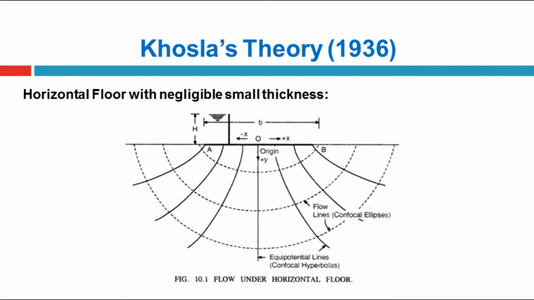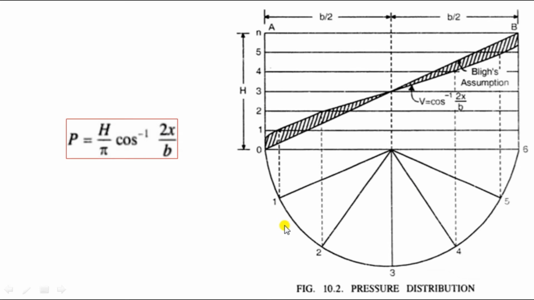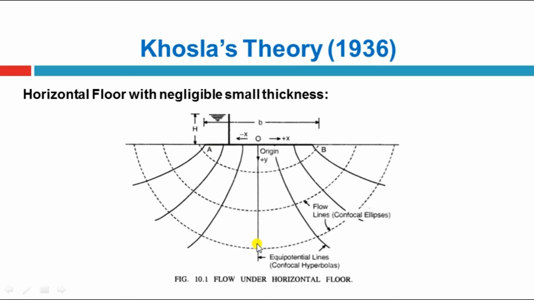See in the picture, that is the horizontal floor with negligible thickness. There are exponential lines that perpendicularly cut the flow lines. Those are the flow lines, meaning water travels through that path. And the line having equal hydraulic gradient is called an equipotential line.